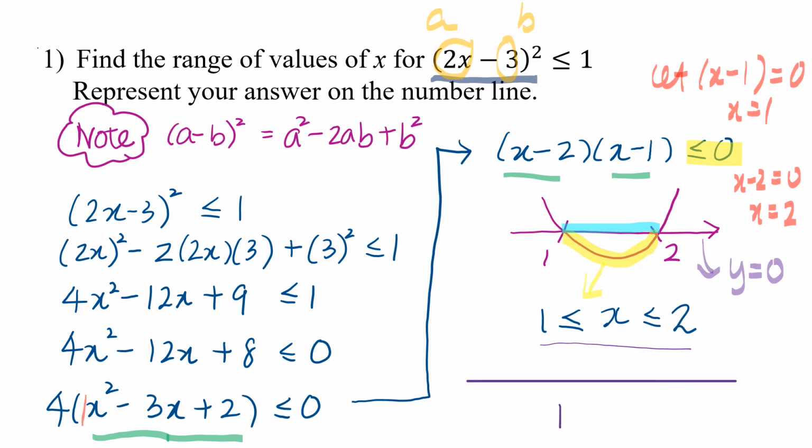Just use a ruler to draw a line, make sure that there's an arrow at the end, and then indicate the two endpoints, which are 1 and 2. We're using solid circles here because it's inclusive of the two endpoints. Alright, so this is how we solve question 1.